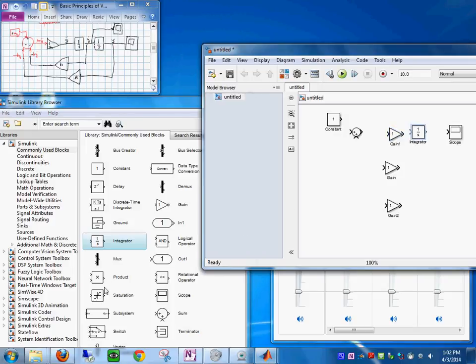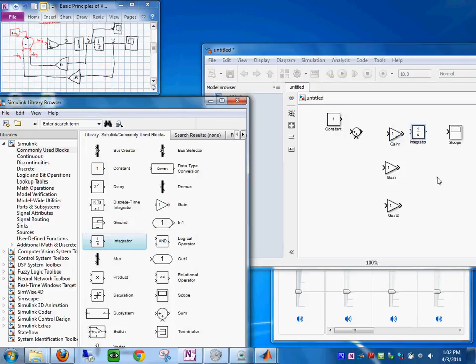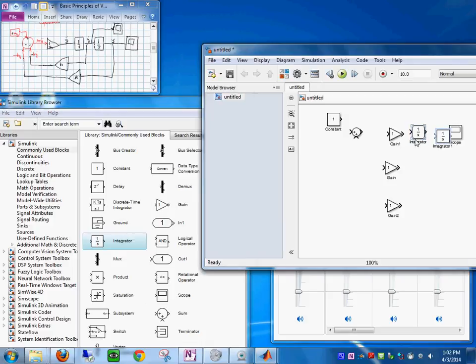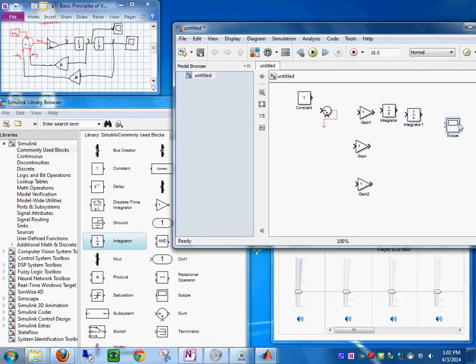One here and another one. This we are going to reverse by doing a control line like this.